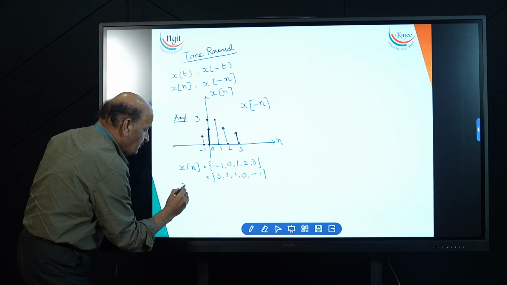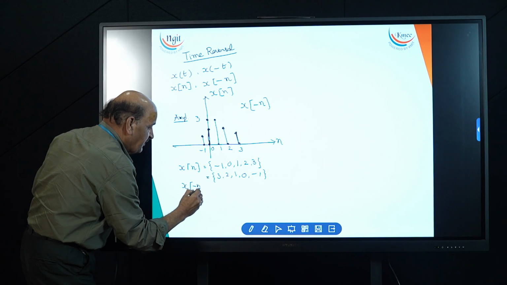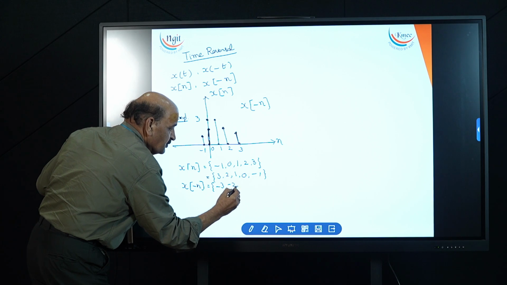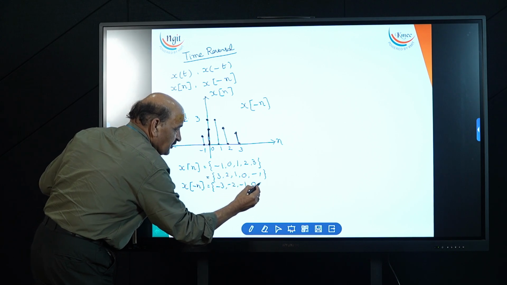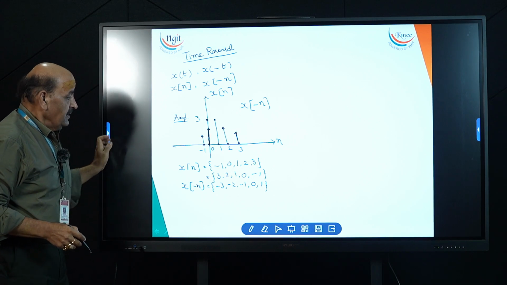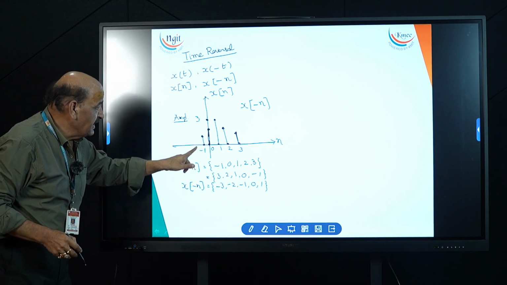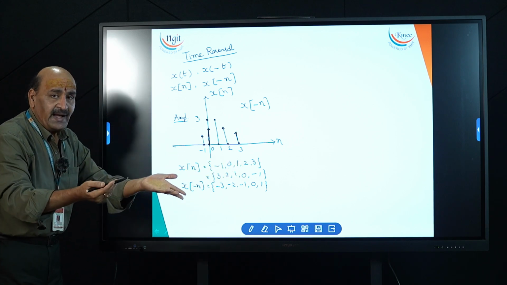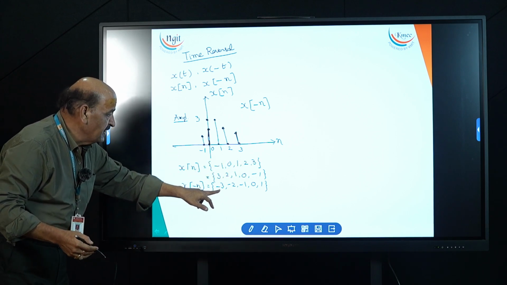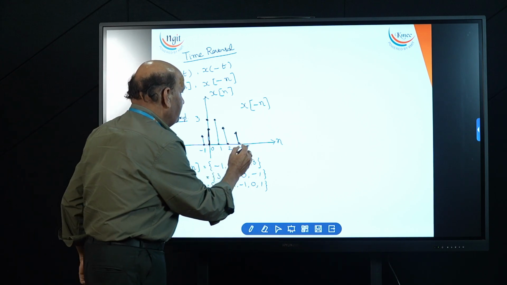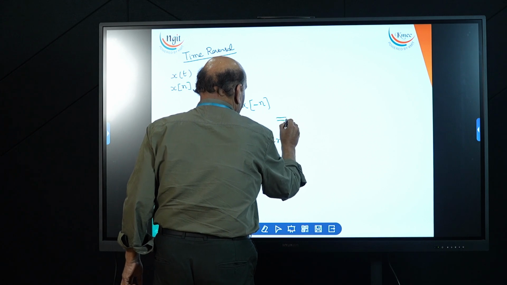Now x of minus n means multiply with minus all: minus 3, minus 2, minus 1, 0, 1. Now look at, this is the sequence. In the previous case, it begins with minus 1 and ends with 3. Now in the new time reversal concept, it will begin with minus 3 and end with 1. So the same graph, we just have to make it like this.